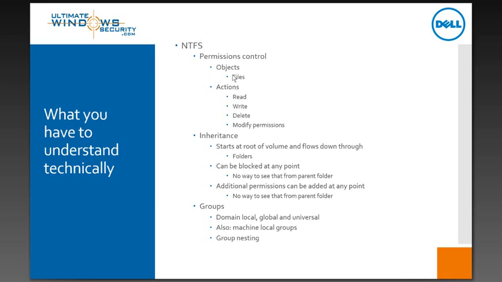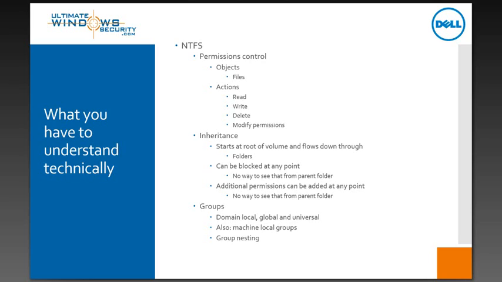In NTFS, permissions control just access to files. Really, files are the only real object in NTFS. We've got folders, but folders are like OUs in AD, right? Whereas AD has many different types of leaf objects: users, groups, computers, group policy objects, etc., the NTFS file system just has files. It's all about the files.